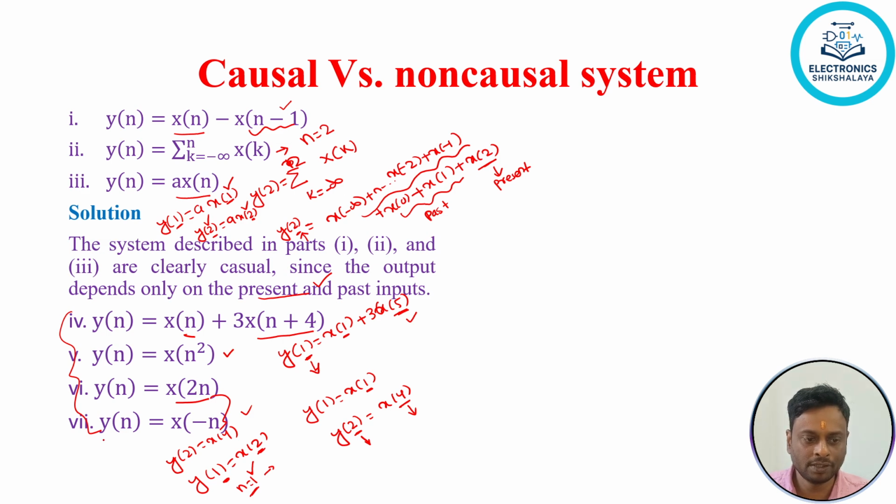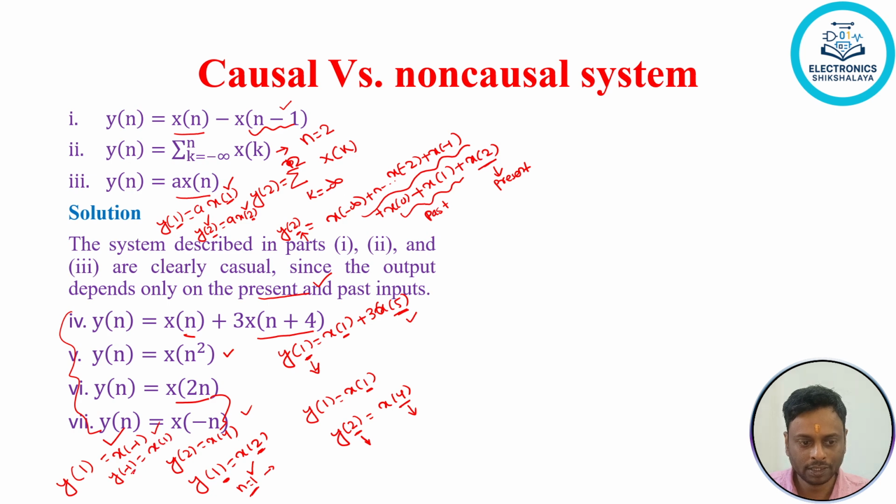You can check over here, this is also y of n equal to x of minus n. If we put y of 1, it will be x of minus 1, that is right. But if we put y of minus 1, it will be x of 1.